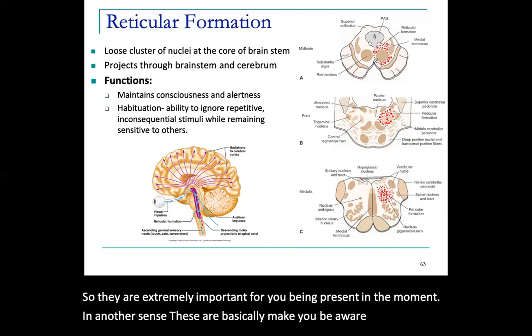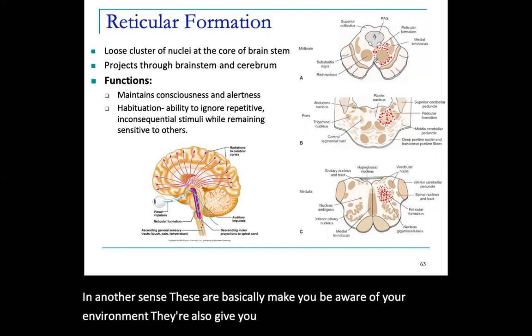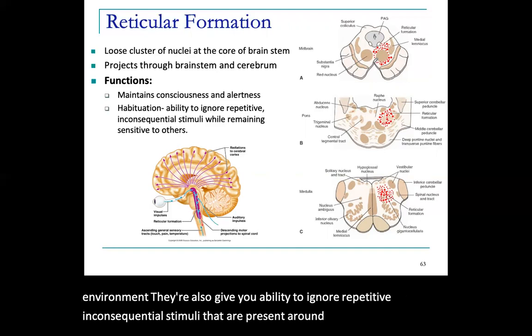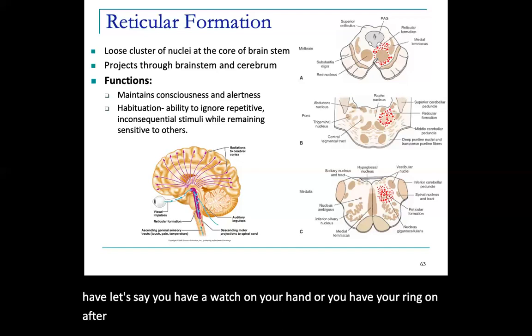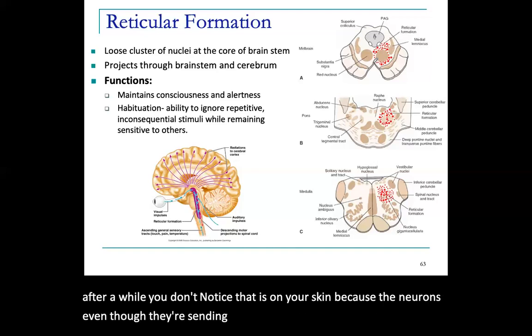They also give you the ability to ignore repetitive, inconsequential stimuli that are present around you. For instance, if you have a watch on your hand or you have your ring on, after a while you don't notice that it's on your skin because the neurons, even though they're sending signals, your brain decides to ignore them.